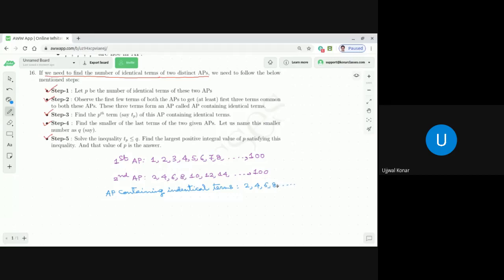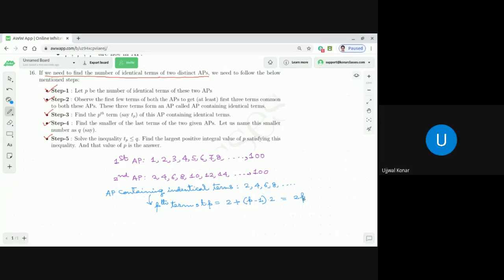So in this AP, we are assuming the pth term. What is the pth term? The pth term, which we define as TP, is equal to A plus P minus 1 into D, that means 2 plus P minus 1 into D. D is what? 4 minus 2, the common difference, 2. What are we getting? 2 plus 2P minus 2 is 2P.